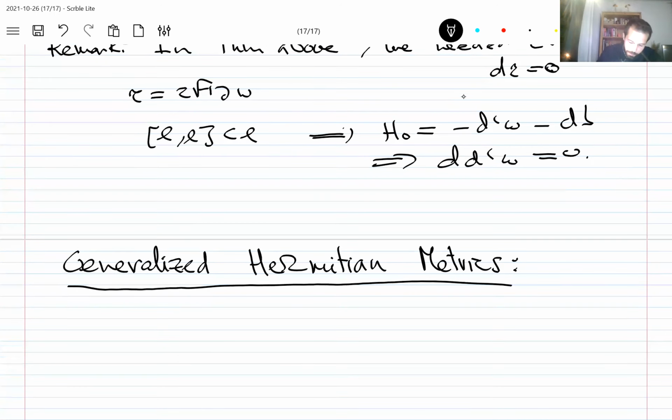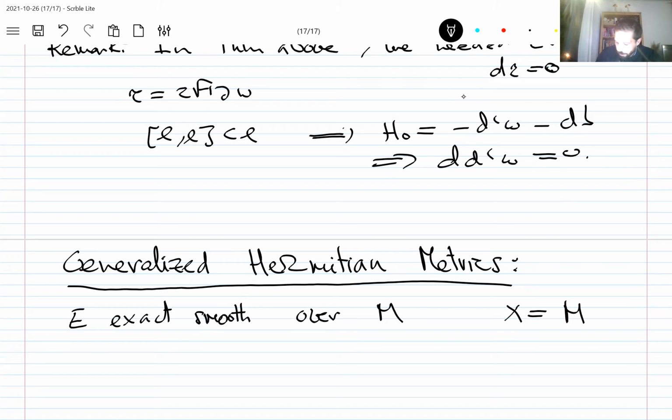I'm going to take, as before, E an exact Courant algebroid over M, and I'm going to take my complex manifold to be (M, J).